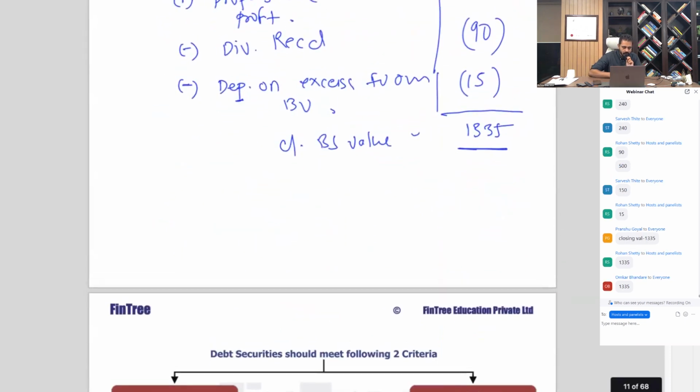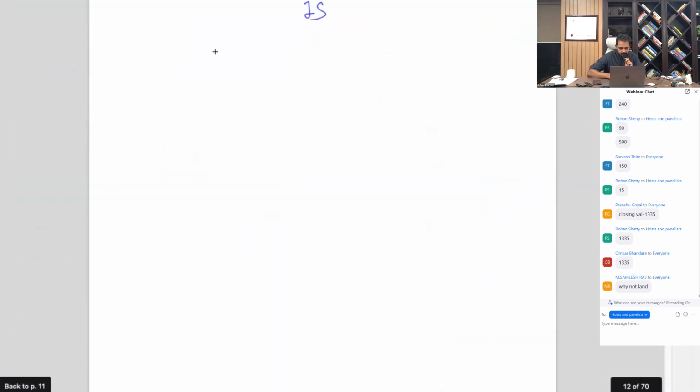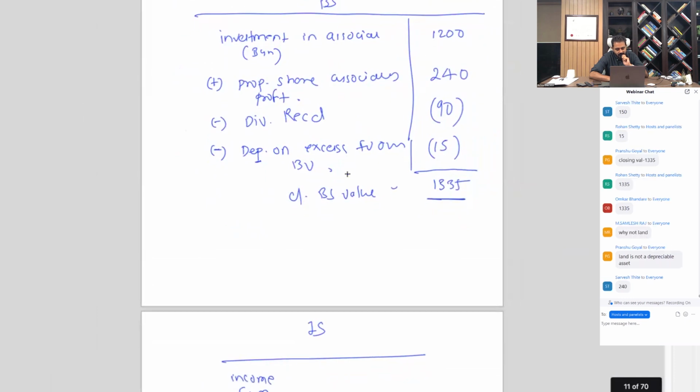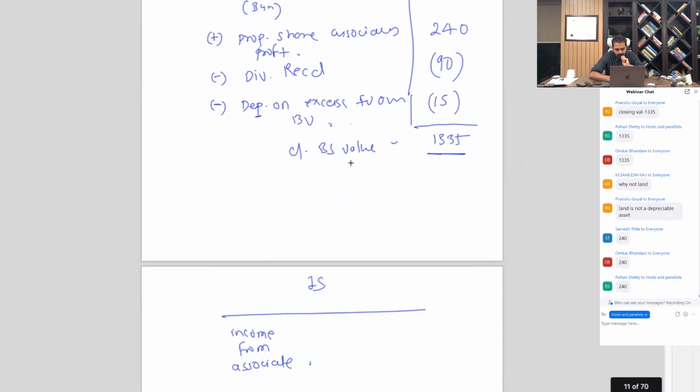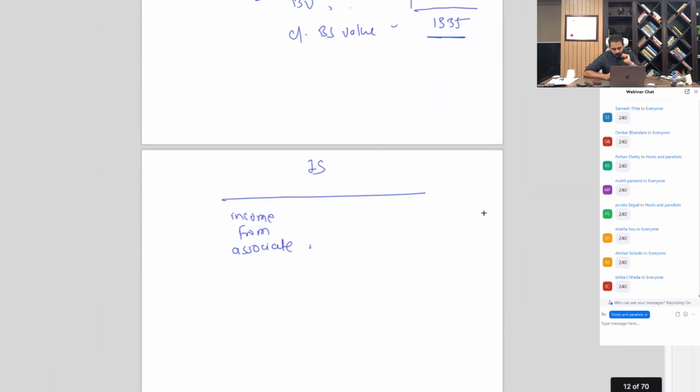All right. And what happens to the income statement? So on the income statement, I will show income from associate. Help me out. How much? 240. I don't think it's 240.